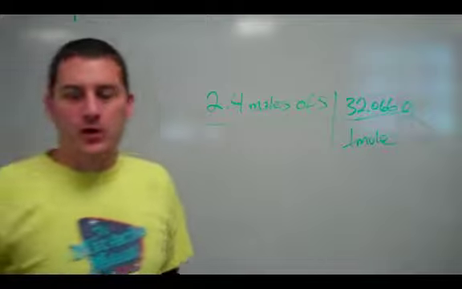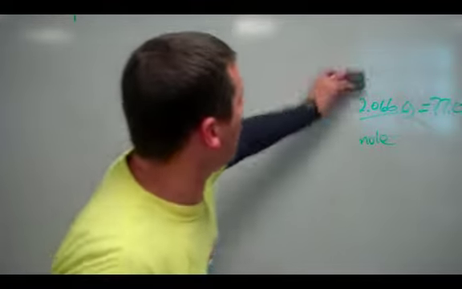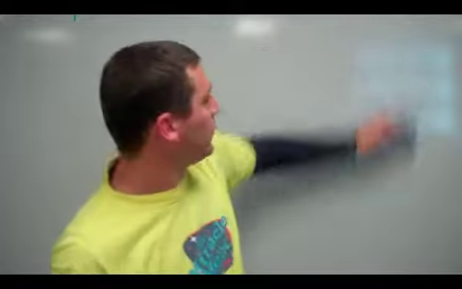Well, we know that 1 mole of sulfur weighs 32.066 grams. So we cross out our moles, we have grams left, we multiply 2.4 by 32.066.